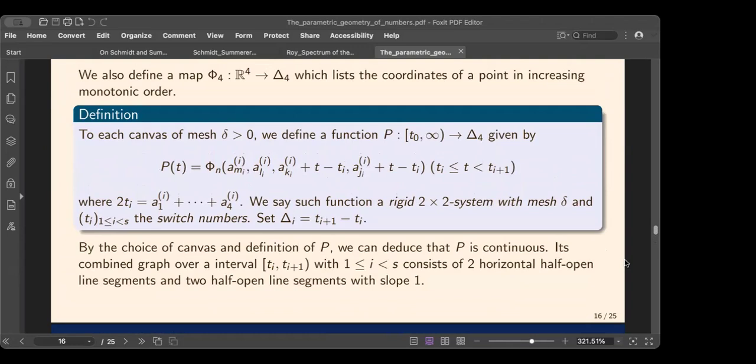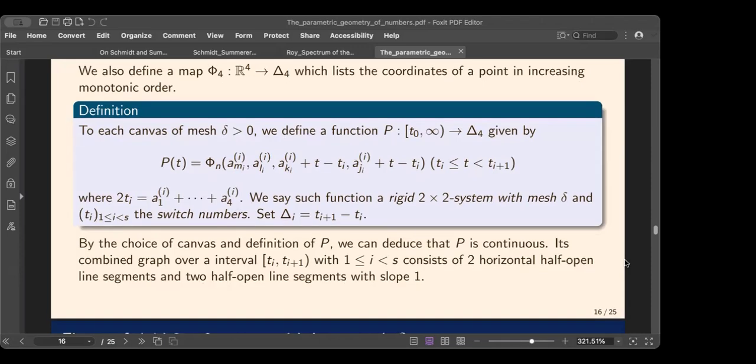Ki and Ji are the ones for which the slope is 1. Yes, on the right side we start with Ki and Ji. I just want to connect it with the next step, step i plus 1.